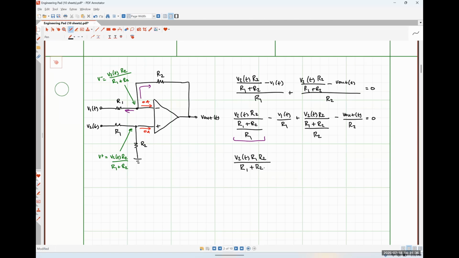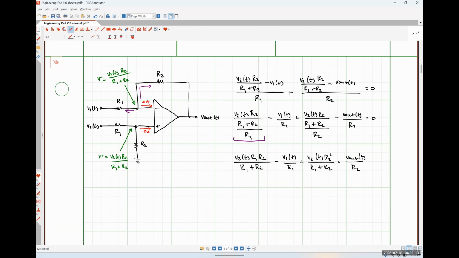Then I would have minus V1 over R1. And then I would have V2 times R2 squared over R1 plus R2 is equal to V out divided by R2.